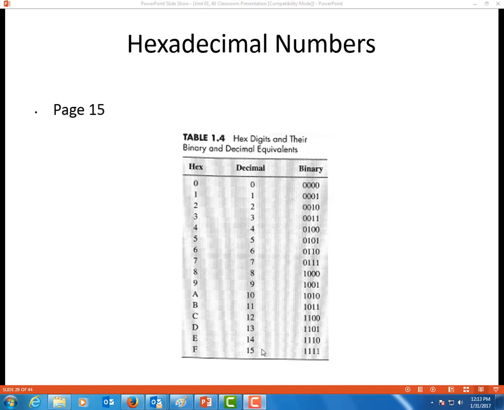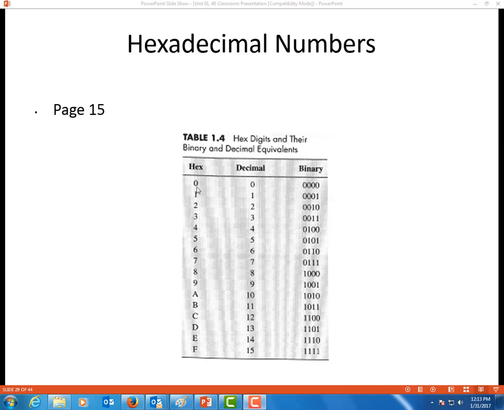That equals what? 15, right? So from 0 to 15, that holds 16 unique values. Remember, you have to count 0. So hexadecimal has 16 unique values.